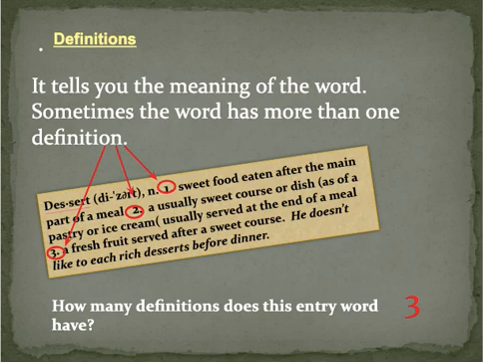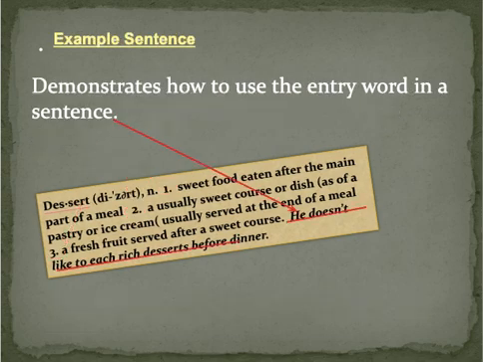And so for this example, for dessert, we have 3 different definitions. After that, we're going to show how that word can be used in a sentence. And that's helpful. Think about when you did the spelling bee, it's helpful to hear it used in a sentence in context so you can make sure you're spelling it right and using it correctly.